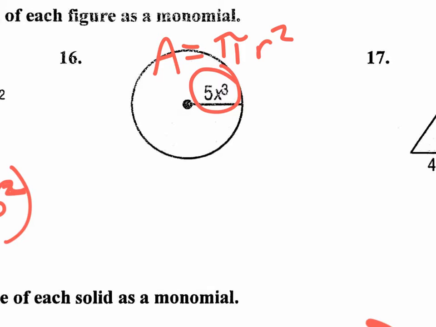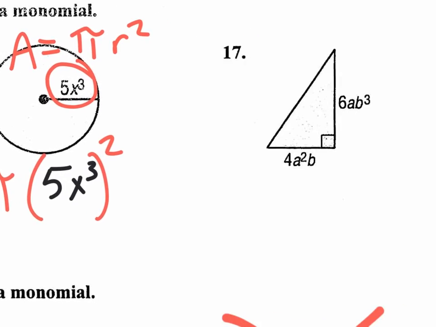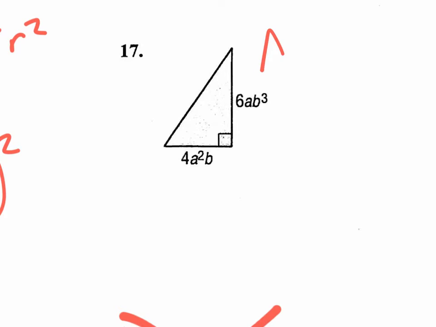So when you work out this problem, you're going to have pi times the radius squared, but the radius is 5x to the 3rd, and you should know how to distribute that 2 in there. Does that make sense? Okay. Last but not least, the triangle over here. What's the area of a triangle?